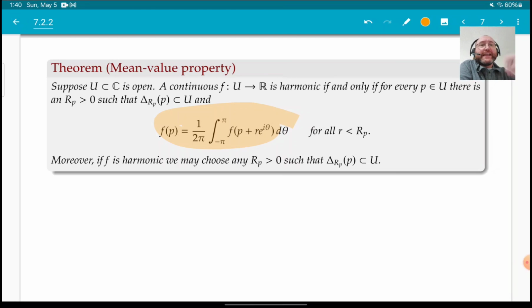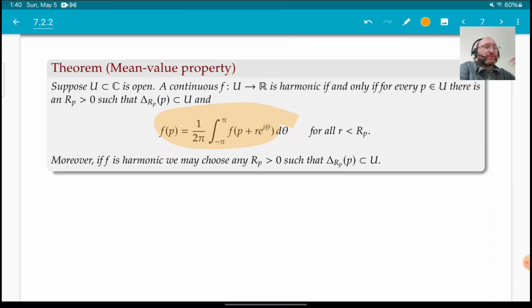That's what it says. And moreover, if it is actually harmonic, then we've seen, from solving the Dirichlet problem, which we talked about last time, that a harmonic function always satisfies this mean value property.